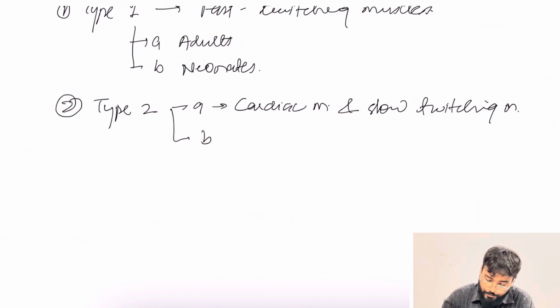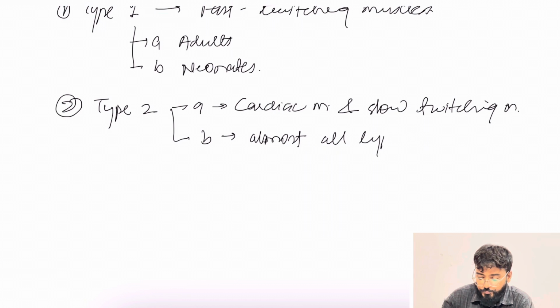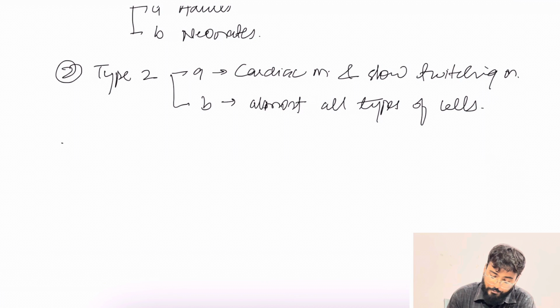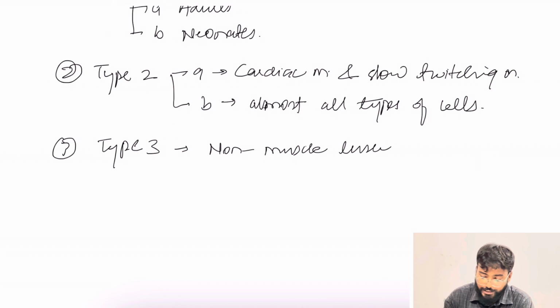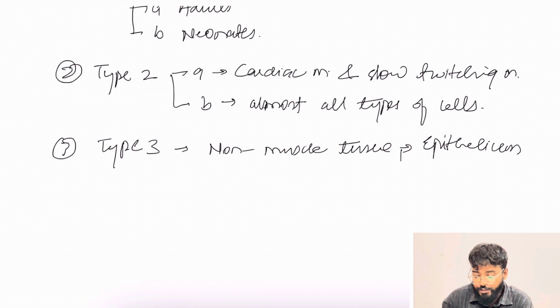And type 2B is present in almost all types of cells. And what about type 3? Type 3 is present in non-muscle tissues, such as your epithelium and your neuronal tissues.